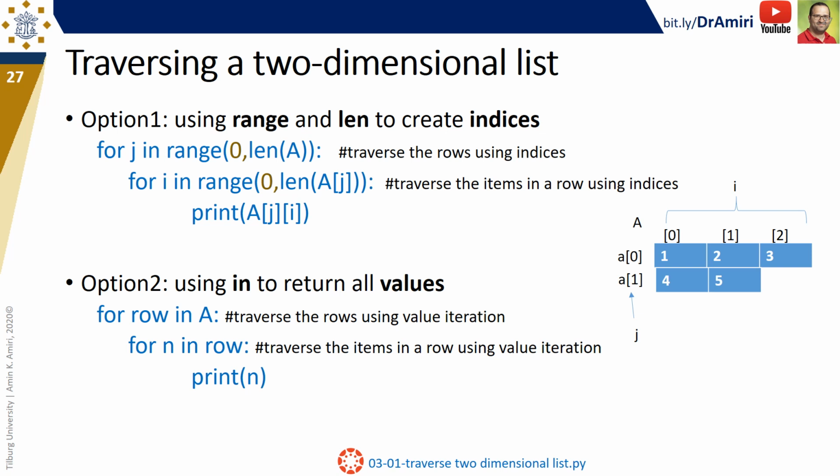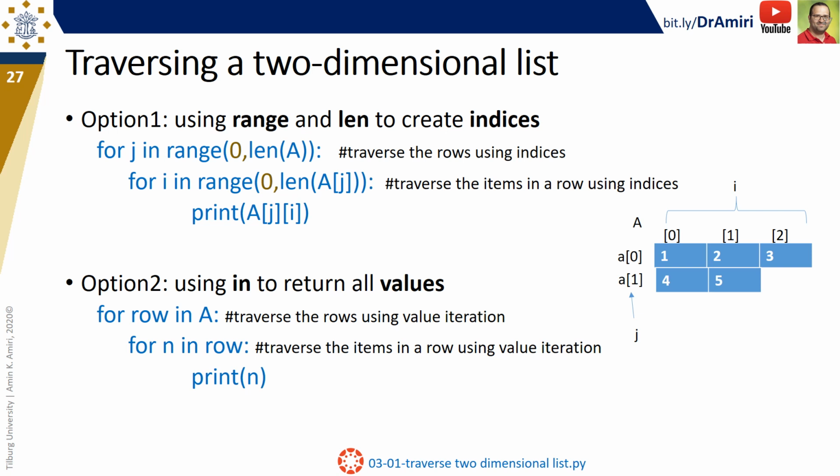Whatever you put in the first for statement, that variable is going to be the index of the rows, and the variable in the second statement is going to be the index for the columns.